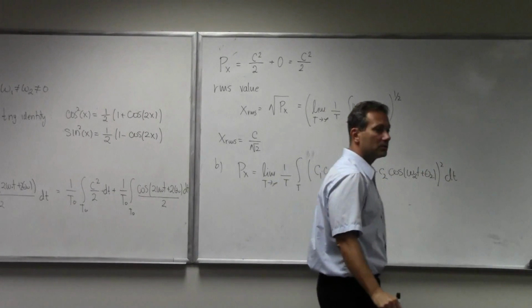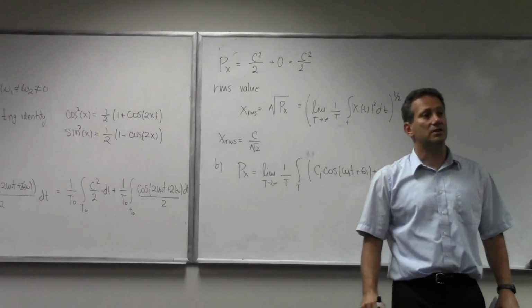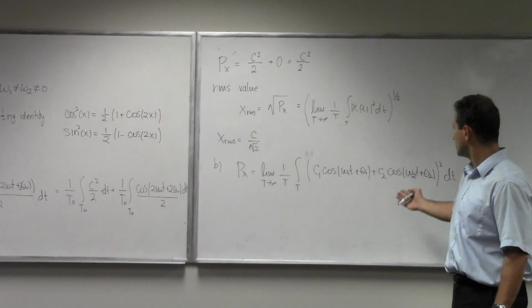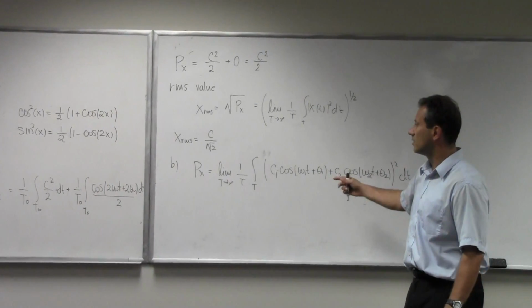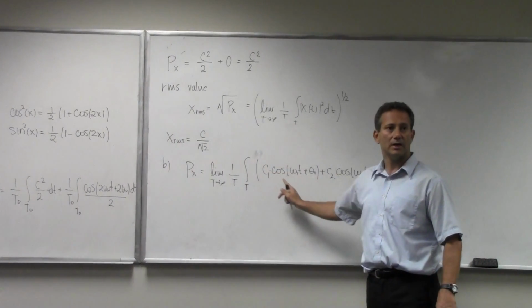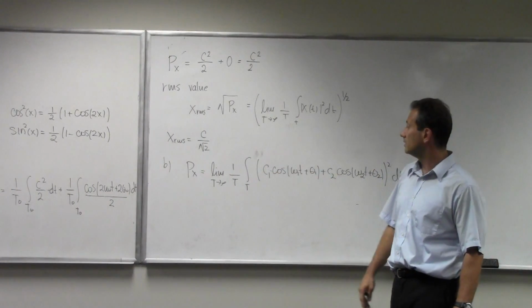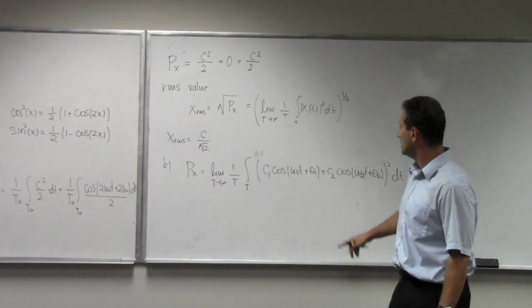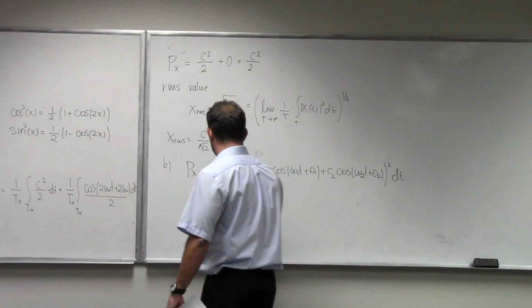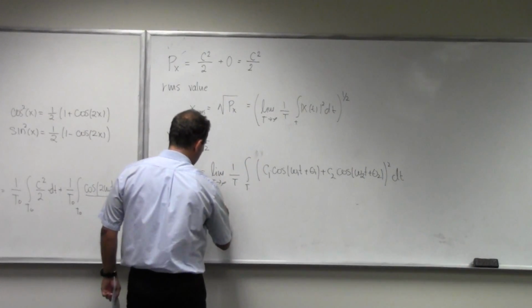Notice I'm not putting an absolute value here because the signal is real, so I can just square it. If this was a complex signal, I would have to take the magnitude of what's underneath and then square the magnitude. Now, when I square this, it splits into 3 integrals.